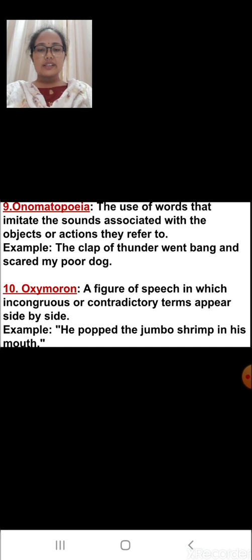The 10th one is oxymoron. Oxymoron is a figure of speech in which incongruous or contradictory terms appear side by side. For example, he popped the jumbo shrimp in his mouth.